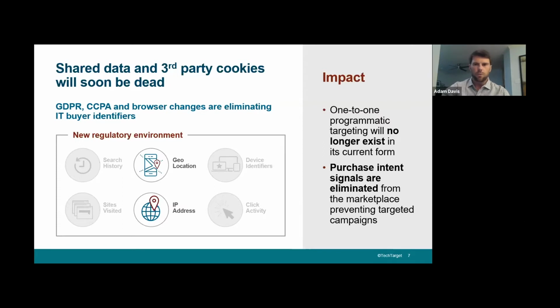One is that one-to-one programmatic is going away as we know it. That's really the use case that a lot of the data privacy legislation is targeted at.